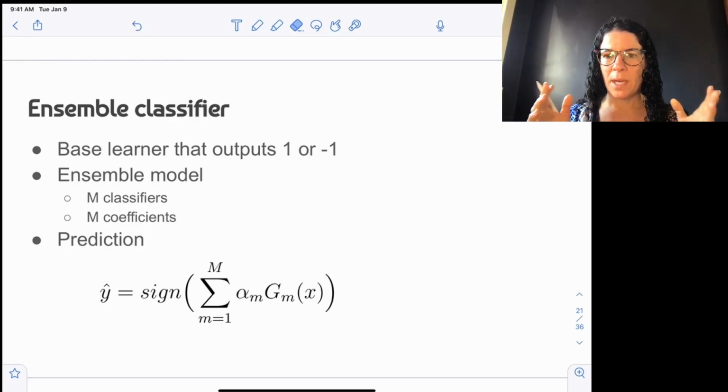So we have these M classifiers, and each of them gives an output of +1 or -1. For the prediction, we take the weighted average using alpha 1, alpha 2, up to alpha m, which are also given by the algorithm. Then after we take the weighted average, we take the sign of that, and that is how we predict. These are going to be hard predictions.